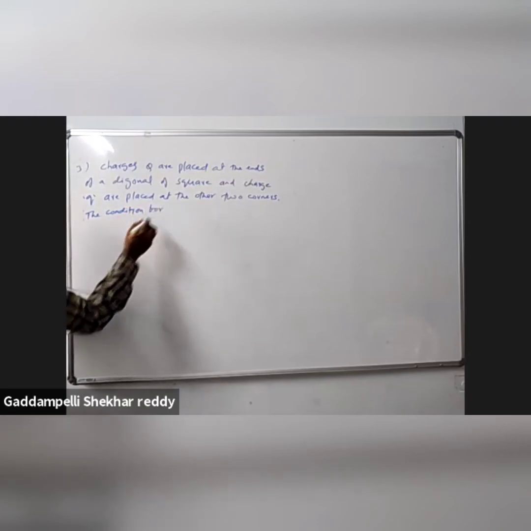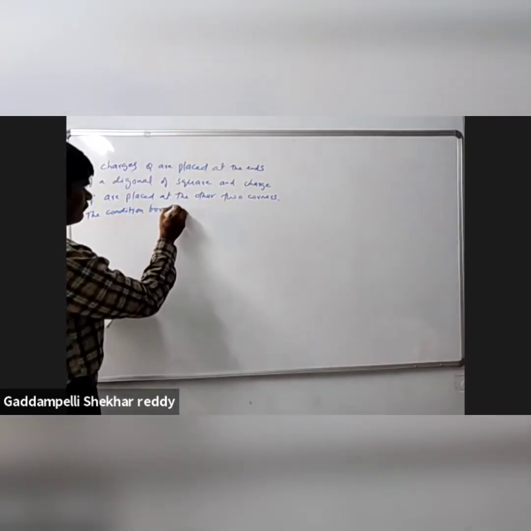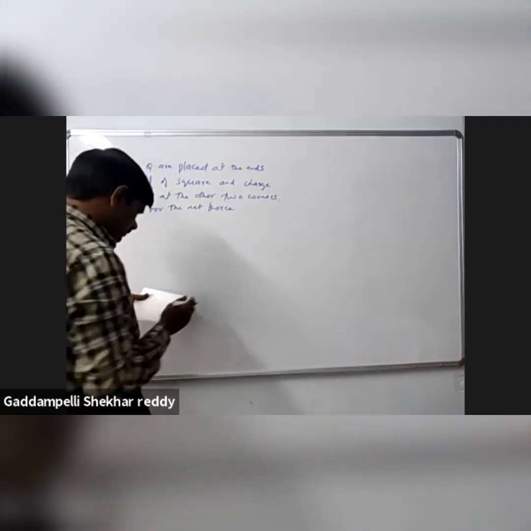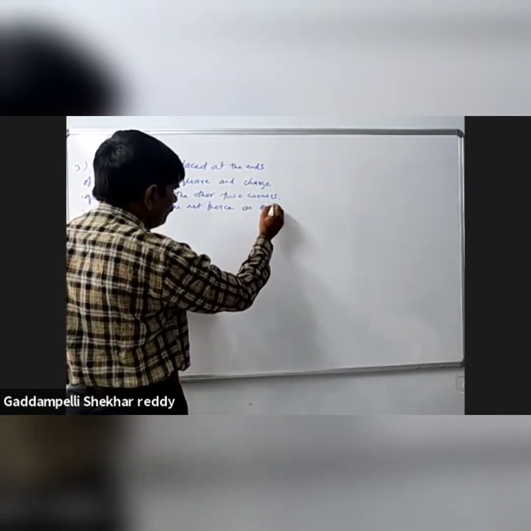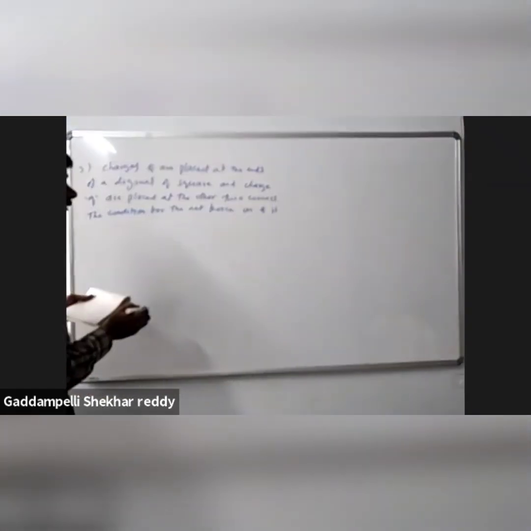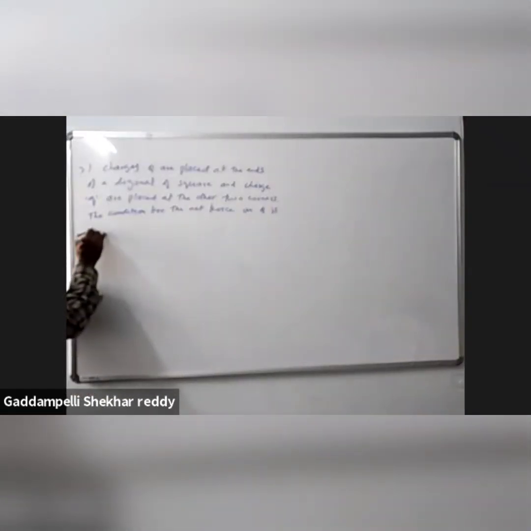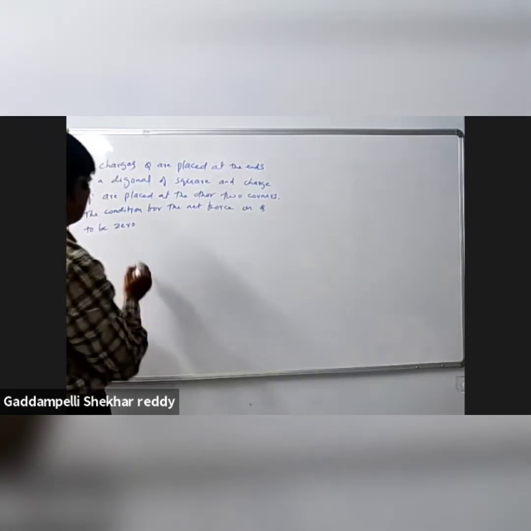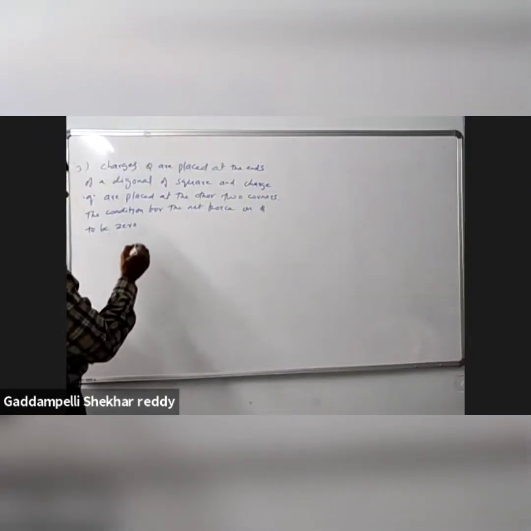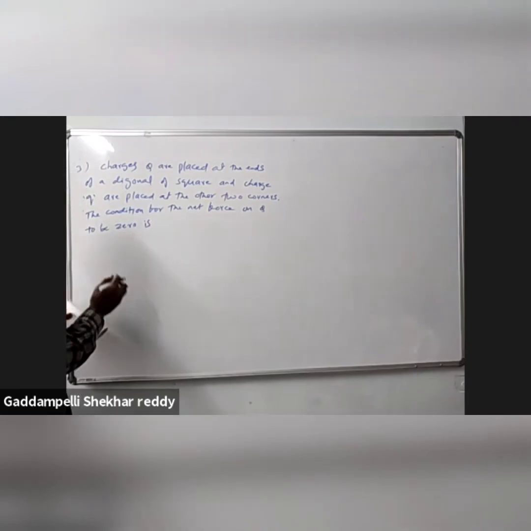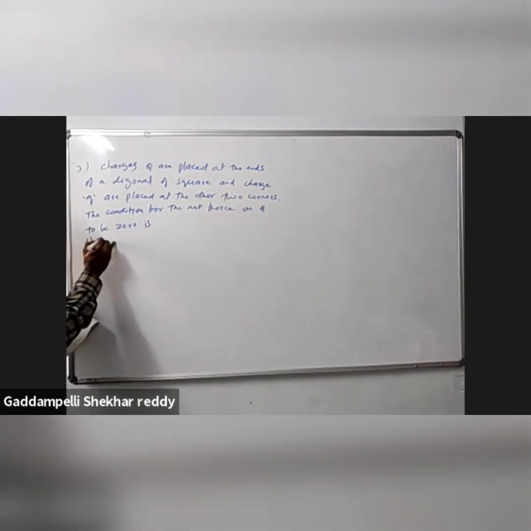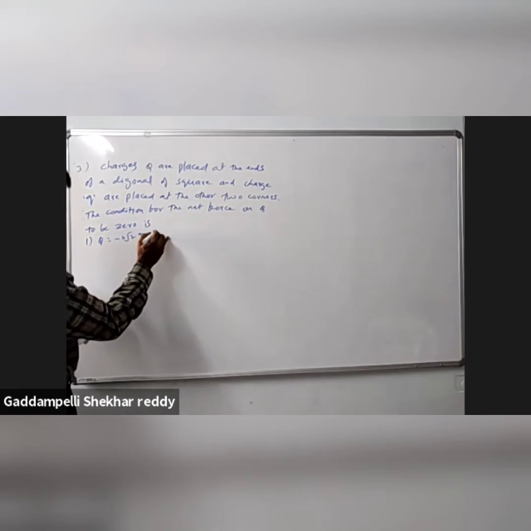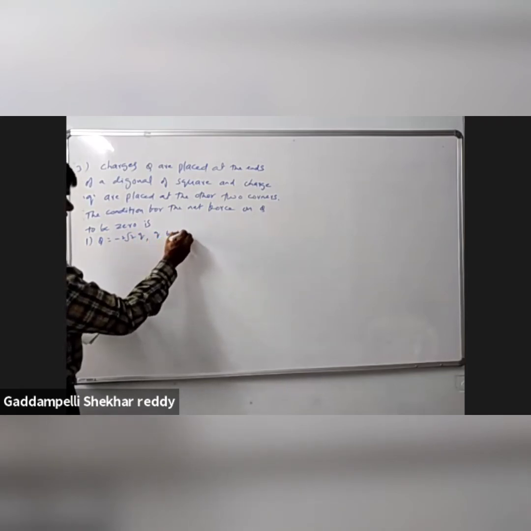The condition for the net force on Q to be 0. The answers: Q is equal to minus 2 root 2 Q, q being negative.